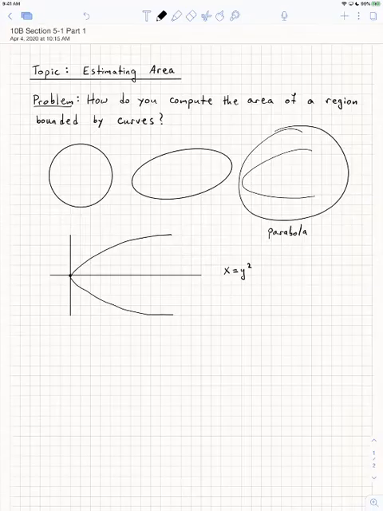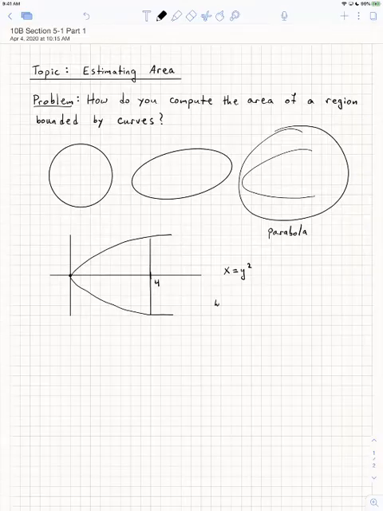I can start at the origin, but I can't leave the parabola open going forever because then it would have infinite area. So I have to choose some spot and just cut it off there. I can choose any x value that I want so long as x is a positive number. Let's say we choose x equals 4.